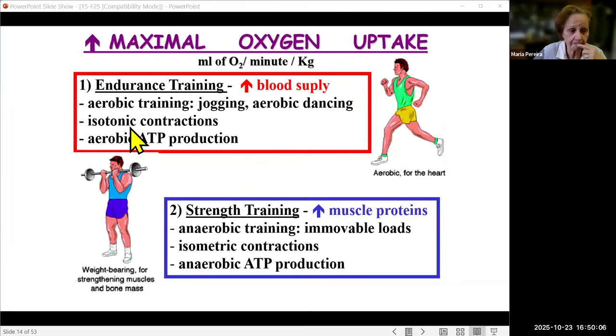But the size of the muscles changes, contracting, relaxing as you're running or doing exercises. So this type of exercise is jogging, aerobic dancing, and so on. So not using weights. You're just improving the function of the heart.